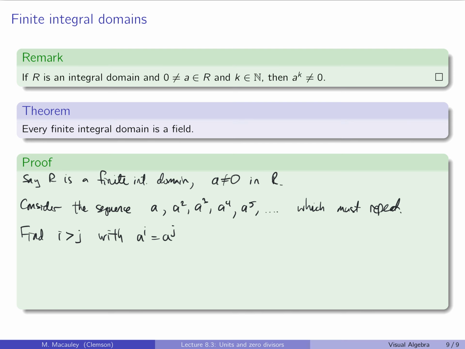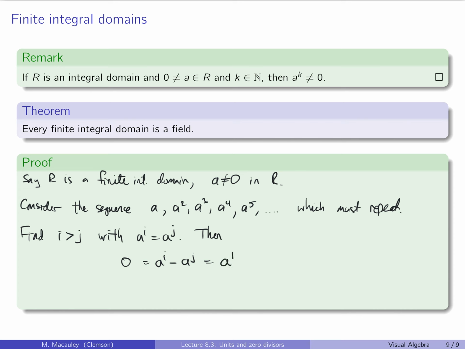And once we have that, then a to the i minus a to the j, well, on one end, that's 0. But that's also equal to, well, we said j was smaller, right?